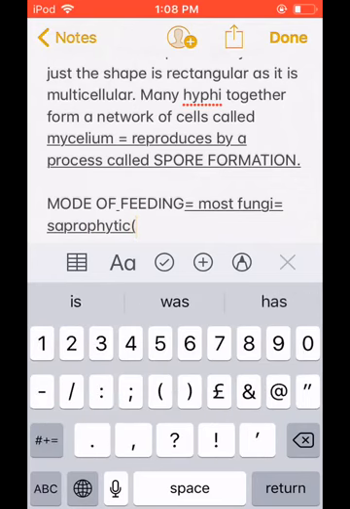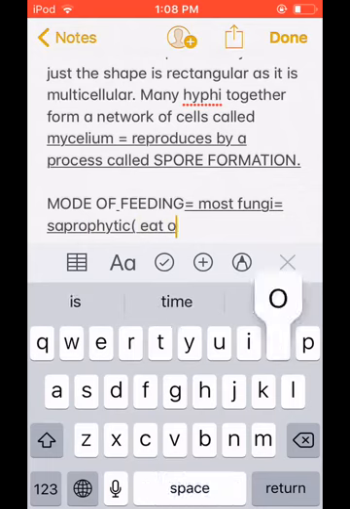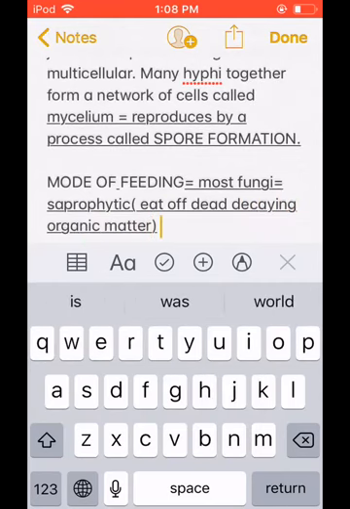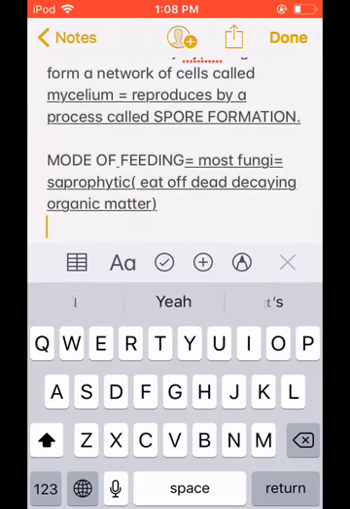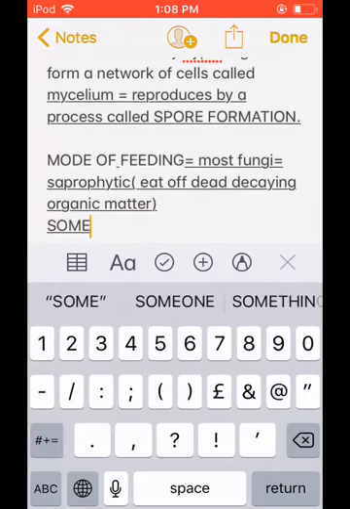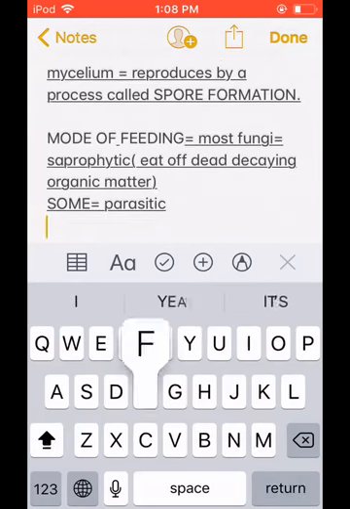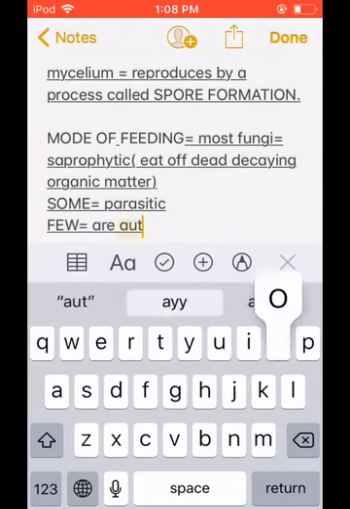Do you remember? They eat dead decaying organic matter, more like vultures. So mostly they are saprophytic and some are parasitic. Do you know what parasitic means? Right? And therefore few are autotrophic.